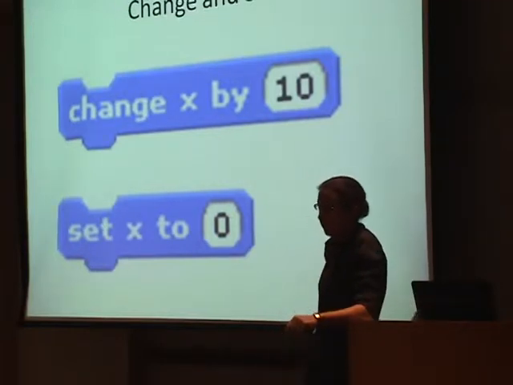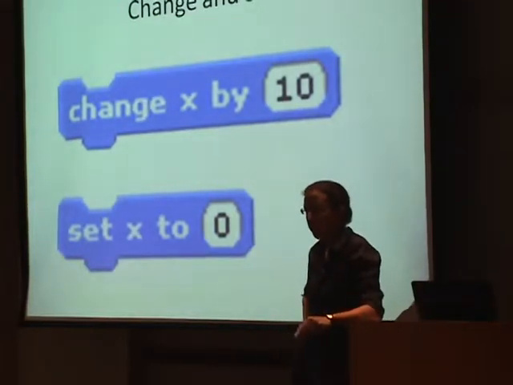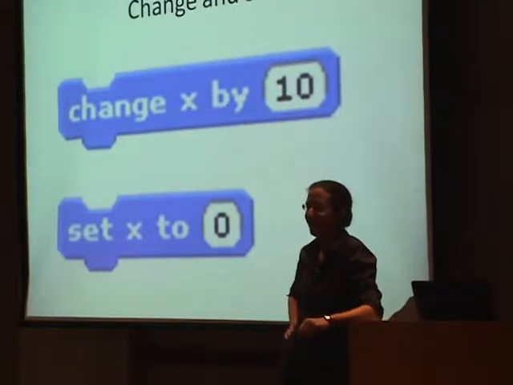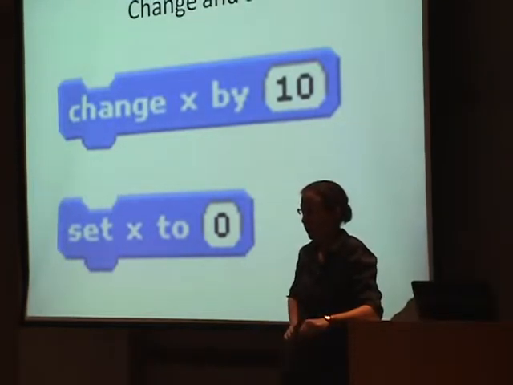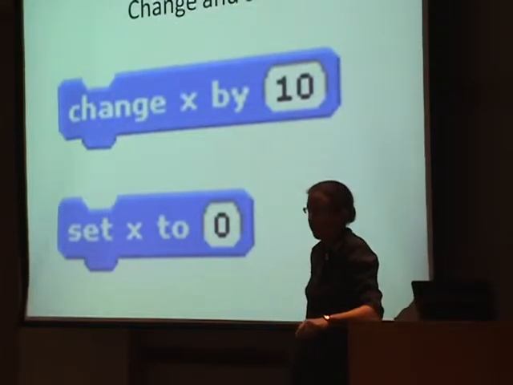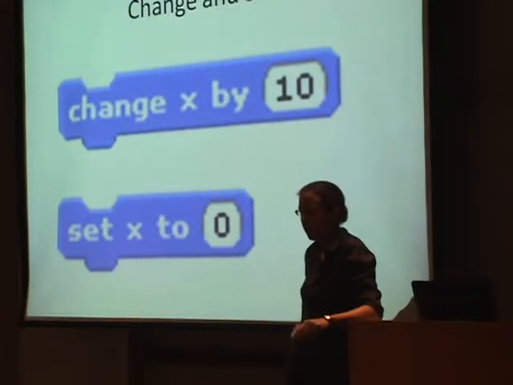So you get the variable's value, you change the variable's value, then you set the variable, and then you stomp over the old value with this new value. And that actually seemed to help people understand the difference between modifying a variable versus just stomping over the top of it.